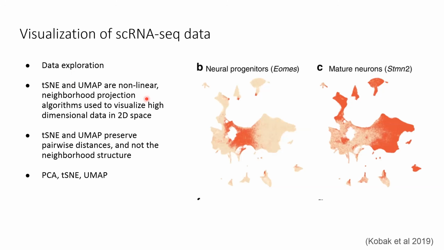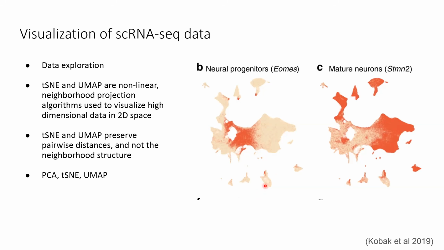So t-SNE and UMAP are nonlinear neighborhood projection algorithms that try to preserve pairwise distances between cells, but they are not designed to preserve relative distances in the neighborhood structure of the cell gene data. So essentially both t-SNE and UMAP use loss functions that make similar points in the cell by gene distance matrix attract each other, and it pushes away dissimilar cells from each other.